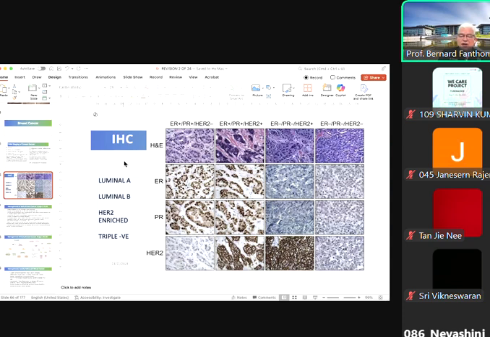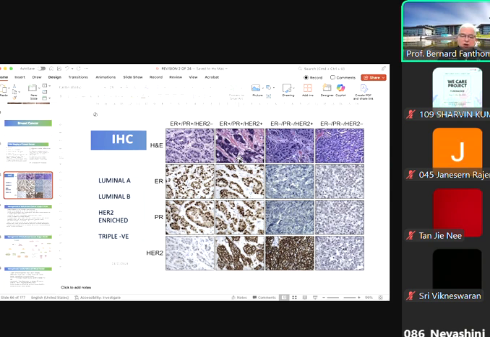HER2 enriched has only HER2 positivity, no ER/PR. Luminal B is ER/PR positive, and additionally may have HER2 enrichment, but the main factor here is that the cells are multiplying at a rapid rate. So if you can see in the slides, nuclear division is much more, which is why the cells look blacker in color. So there is rapid multiplication. We have another tumor marker for this, that is Ki67 positivity.